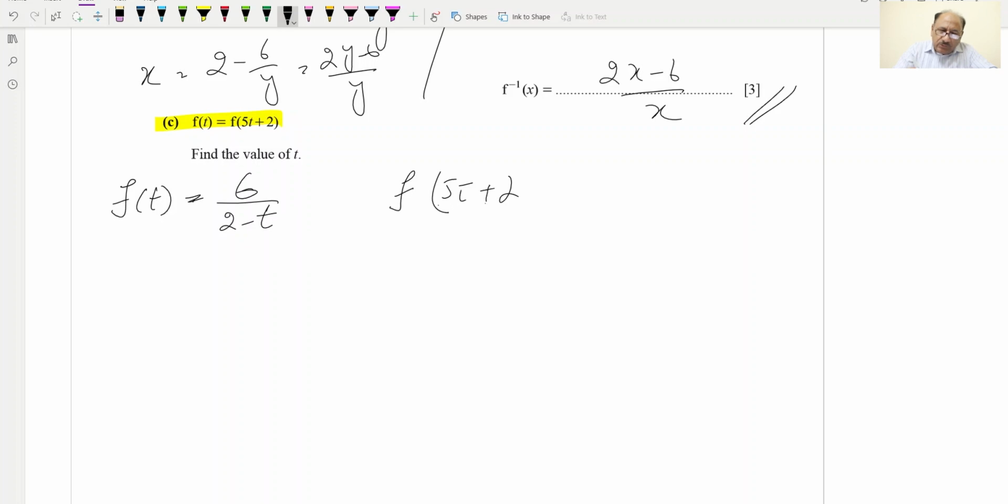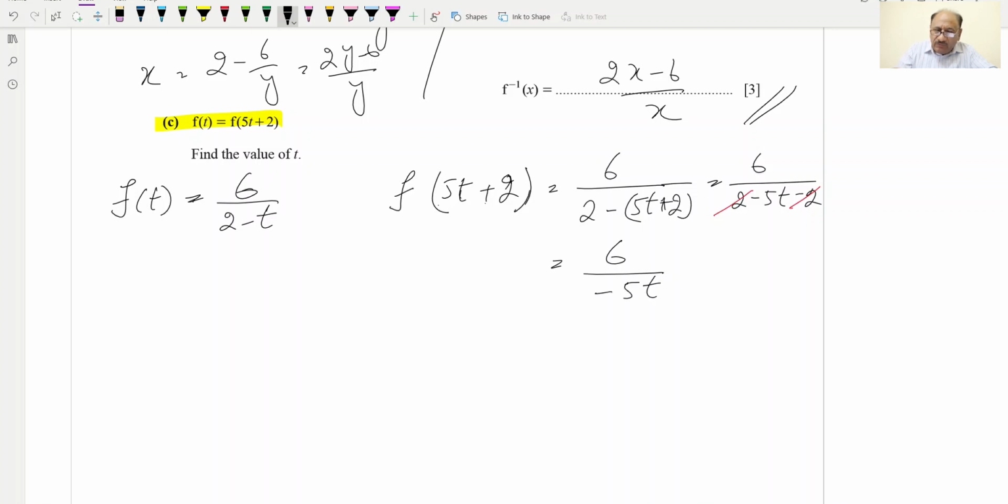So this will be equal to 6 over 2 minus 5t plus 2 in brackets, and further we can write 6 over 2 minus 5t minus 2, and plus 2 and minus 2 will be cancelled, and our equation will become 6 over minus 5t.